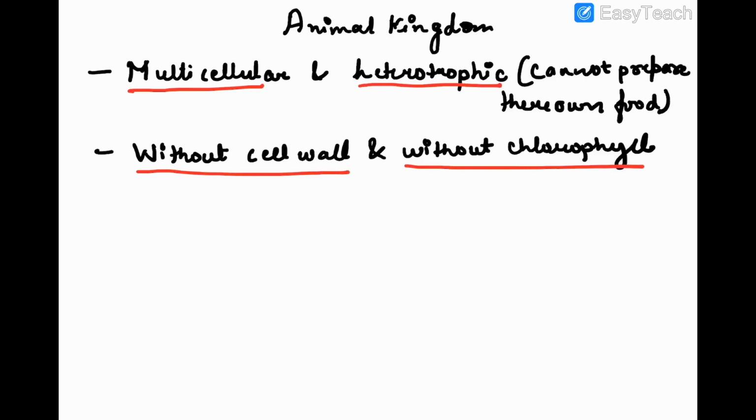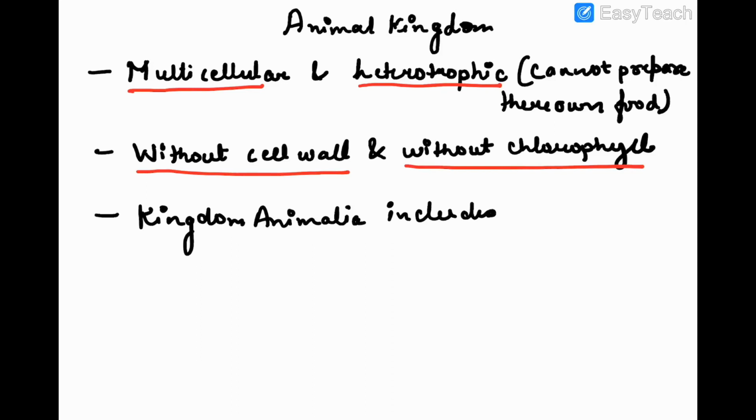Now let us discuss the 11 phyla which are included under Kingdom Animalia. Kingdom Animalia includes 11 major phyla.